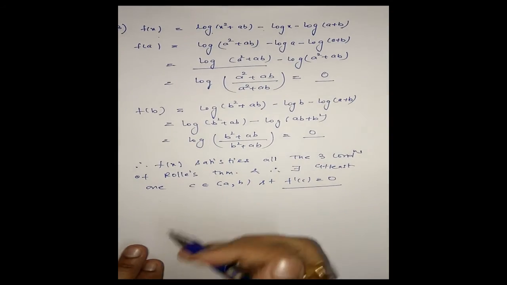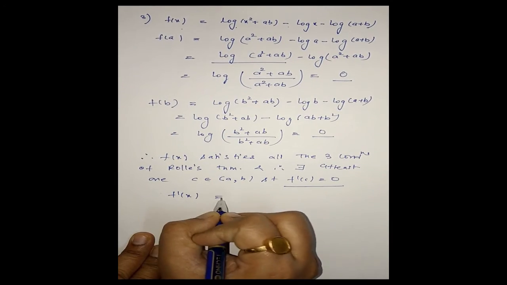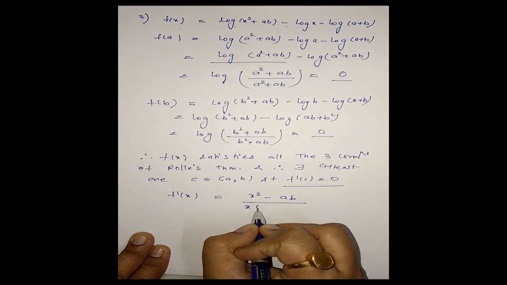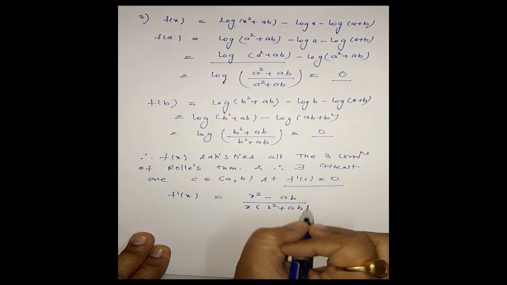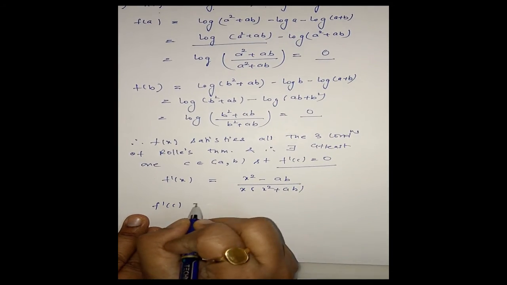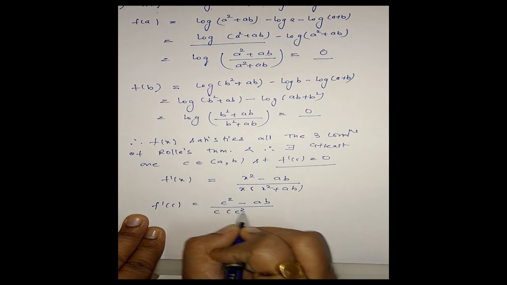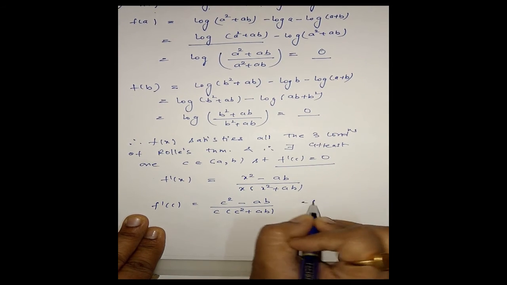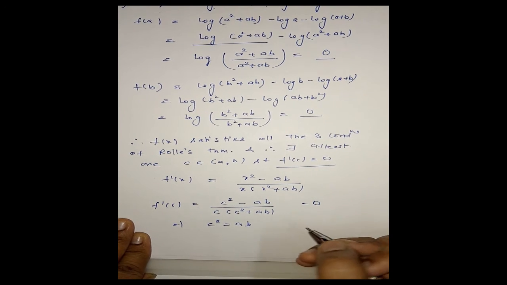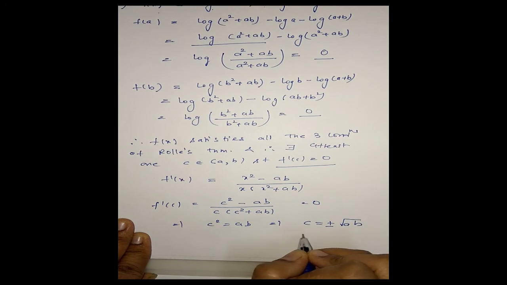Now f dash x is (x square minus ab) by x into (x square plus ab). Therefore f dash c is (c square minus ab) by c into (c square plus ab), equal to 0, and this will give us c square is equal to ab, or c is equal to plus minus square root of ab.